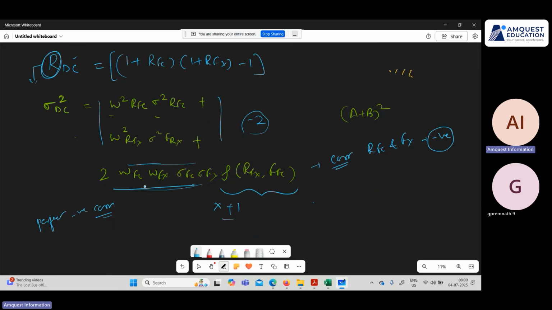An important thing we also need to consider is that if my FX and FC are positively correlated, and highly correlated, and if you try to hedge the FX, aren't you actually overall reducing the return of your portfolio?